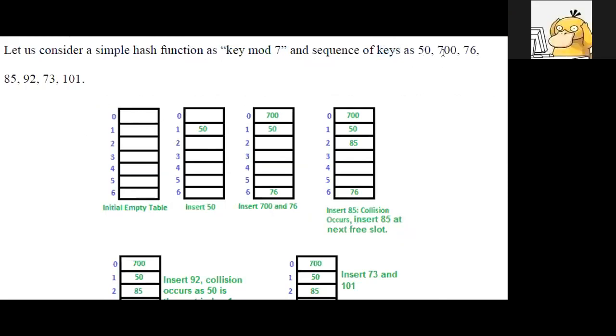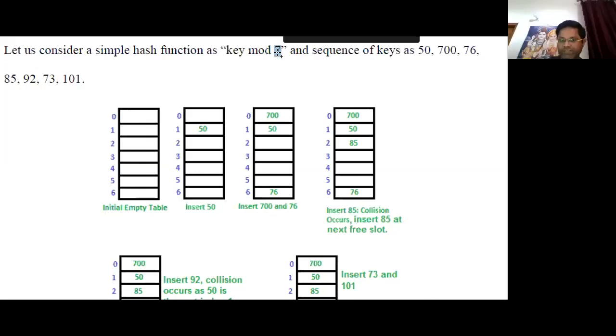The values are 50, 700, 76, 85, 92, 73, and 101. So initially, as we look into the hash function, key modulo 7, we have 7 empty slots in the initial hash table.